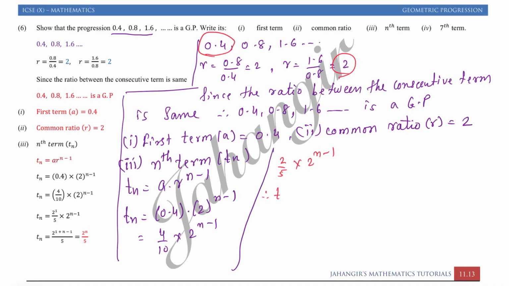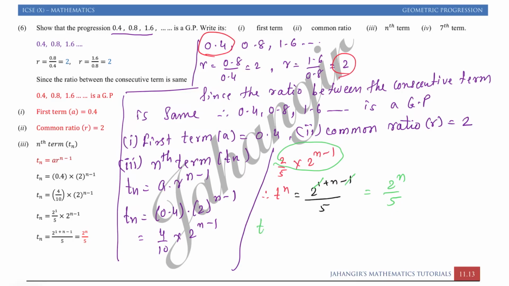So therefore Tn is equal to, we'll just combine these two, what you will get, Tn is equal to 2 raised to 1 plus n minus 1 upon 5. Plus 1 minus 1 will get cancelled. You will get 2 raised to n upon 5. This is my nth term.